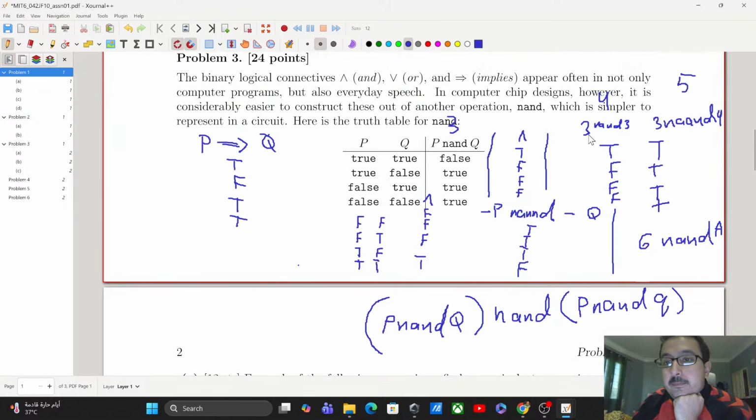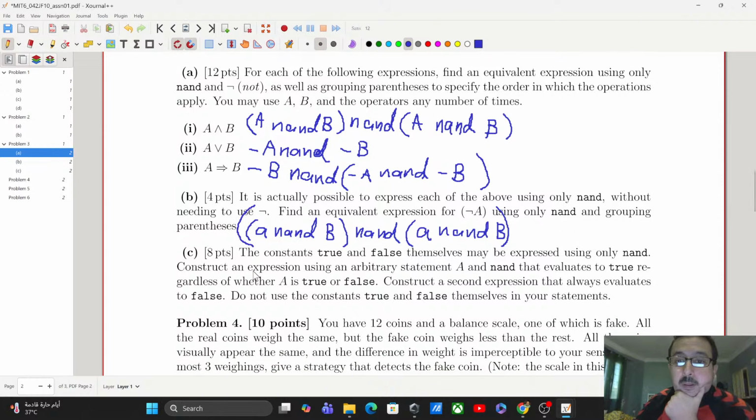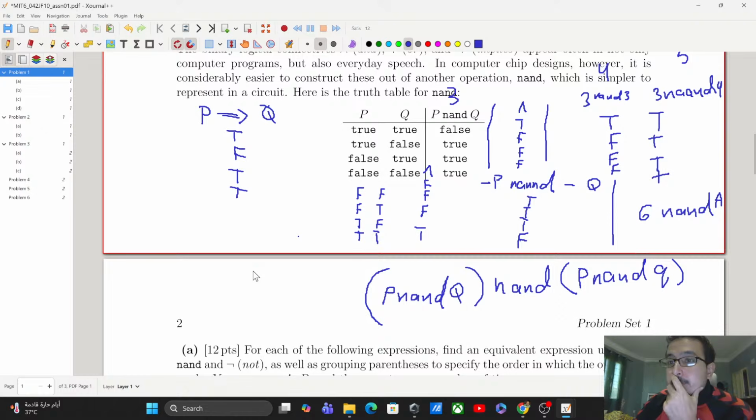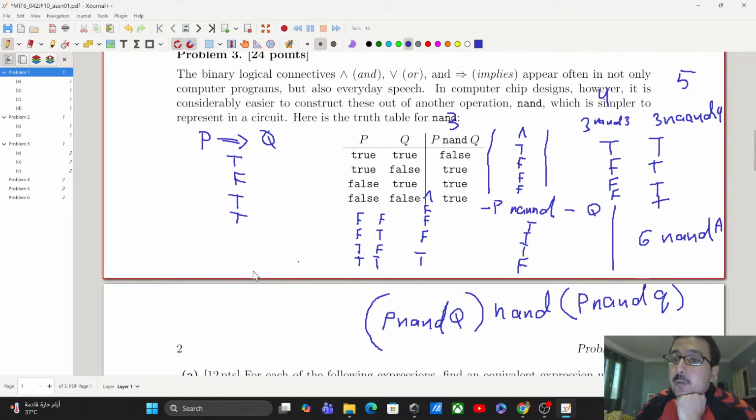This is the same, A and B, A and B. This is all in a parenthesis. 3 and 4.